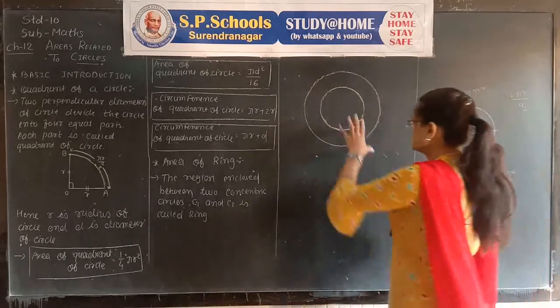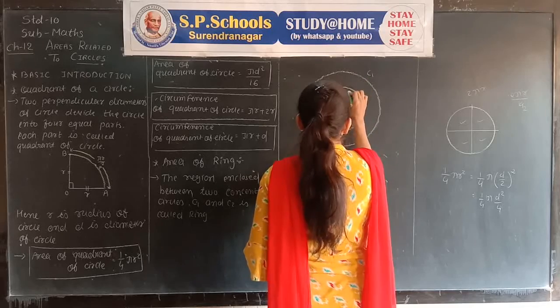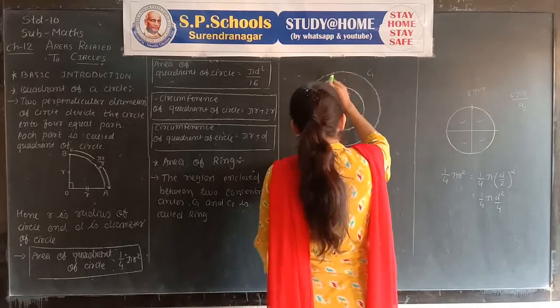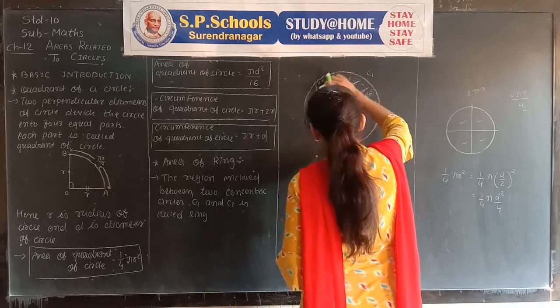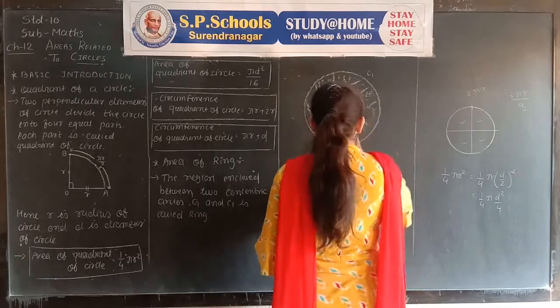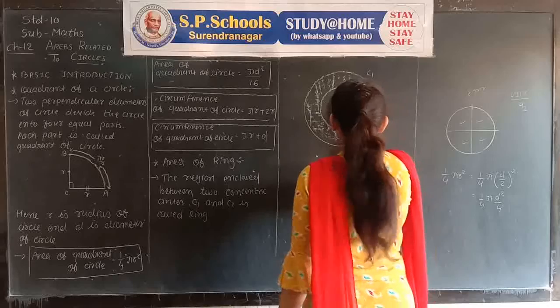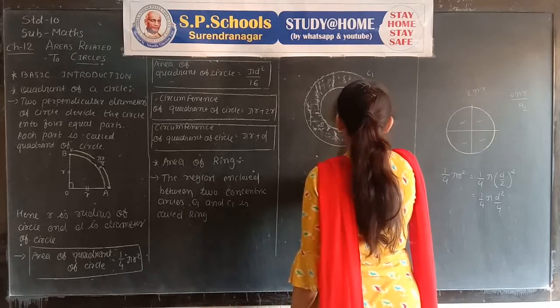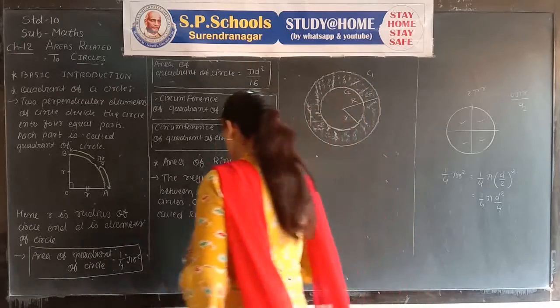The region enclosed between two concentric circles: C1 is the outer and C2 is the inner circle. The region enclosed between these two circles is called a ring, where C1 is the larger circle, let us take capital R as its radius, and C2 is the smaller circle and small r is its radius.